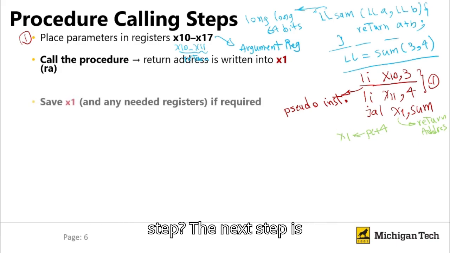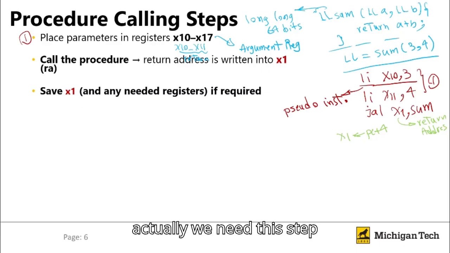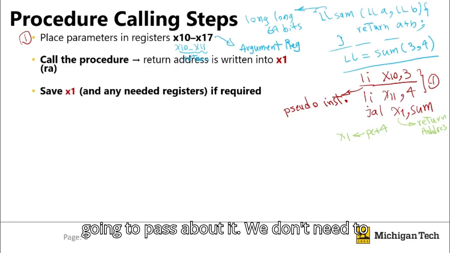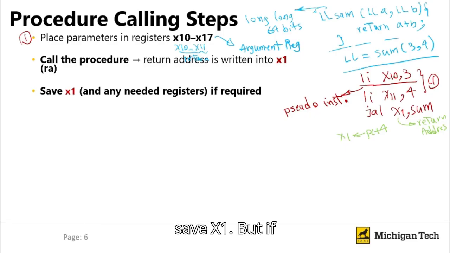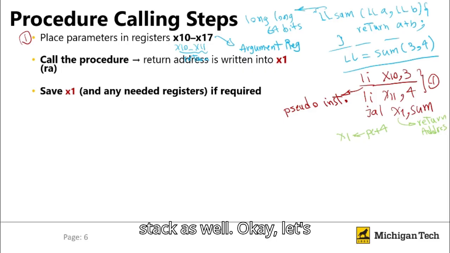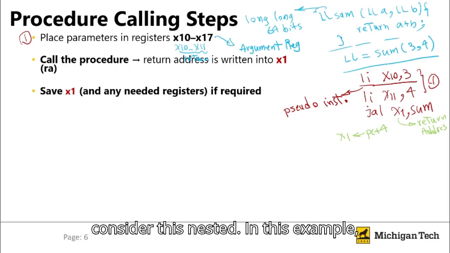The next step is needed if our procedure is a nested procedure. In this example, we don't need that, we're going to skip it. We don't need to save x1. But if our procedure is going to call another procedure, we need to save x1 in the stack as well. Let's consider this nested.